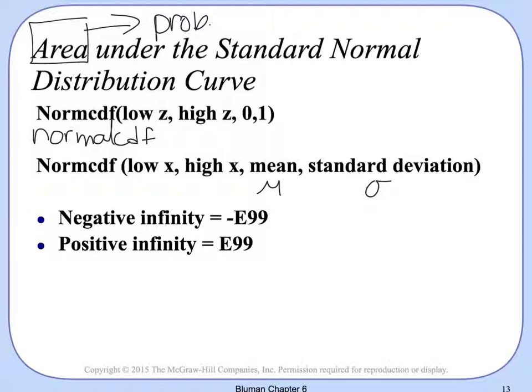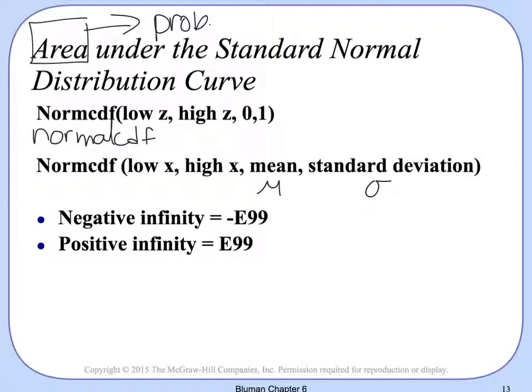Let me show you how you do that on your calculator quick. Negative infinity, okay? The way you type that in is you actually have to use the negative button down here. So negative. And then E is actually a double E on here, but it shows up as an E. It's on the comma button. So second, comma, and then it will just be an E, and then 99. That's how you would type in negative E99.